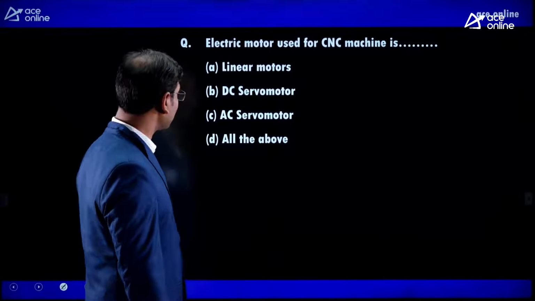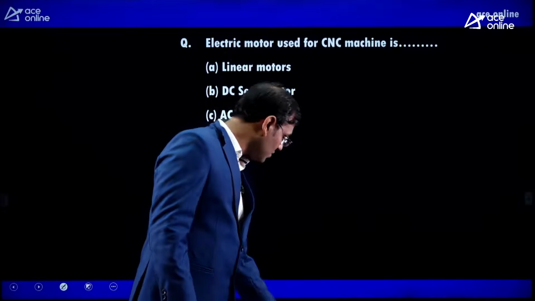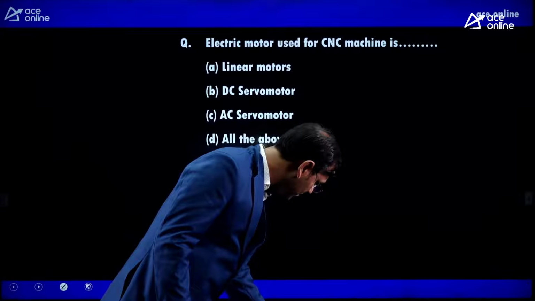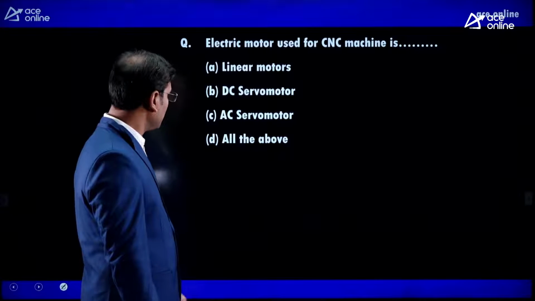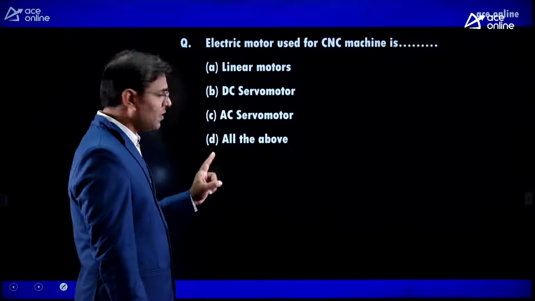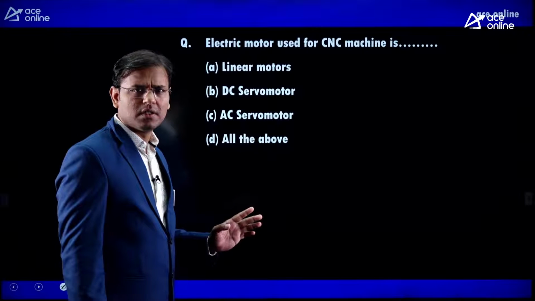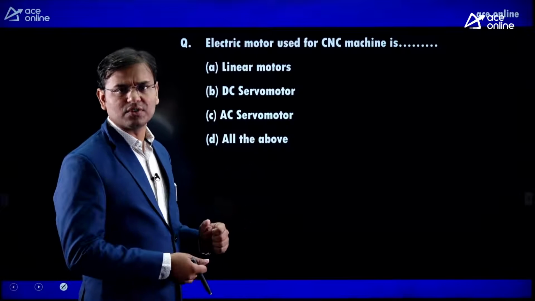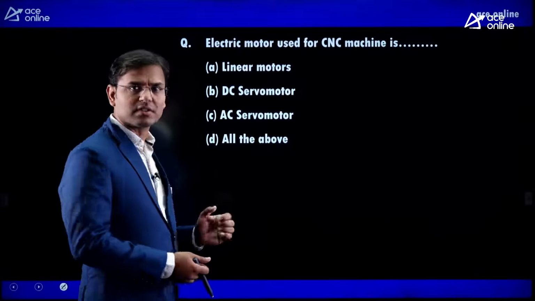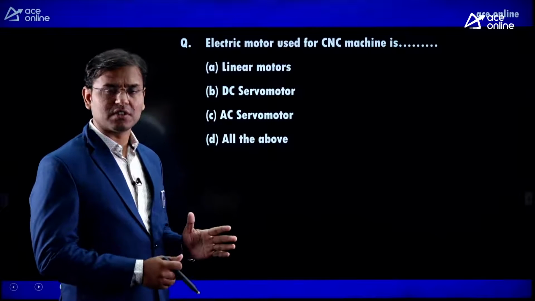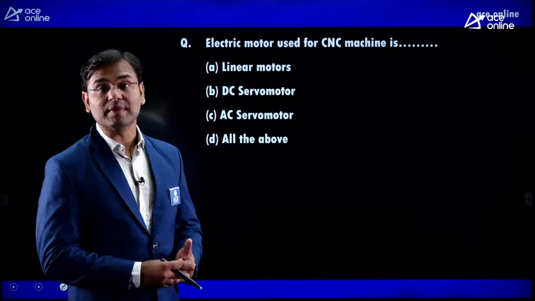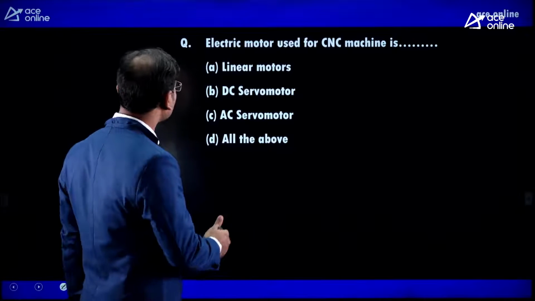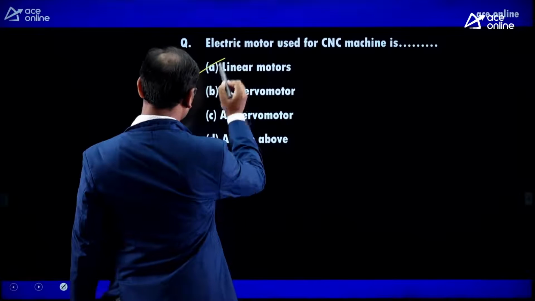Very interesting question here: electric motor used for CNC machines. Guys, just see. Nowadays we are using servo motors also. We are using linear motors also. You can check linear motors on YouTube, you will get some videos.